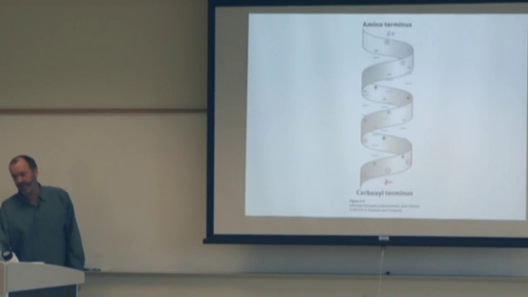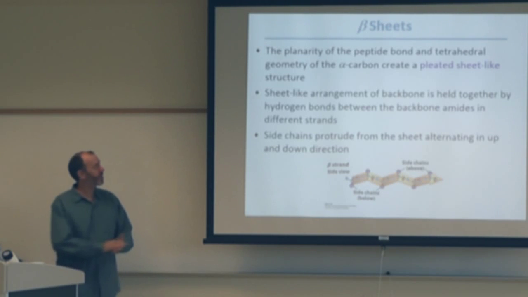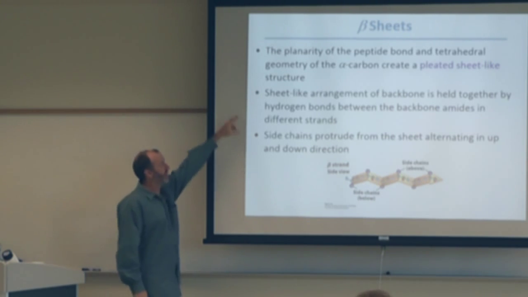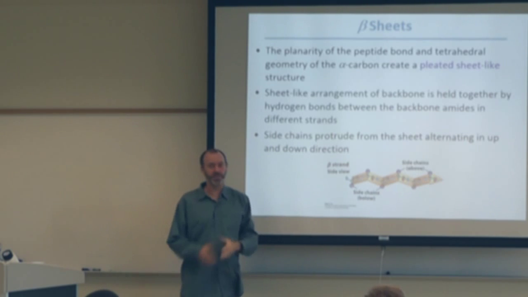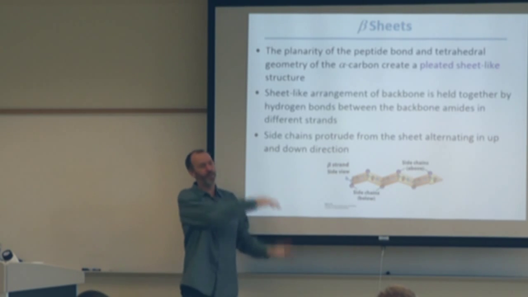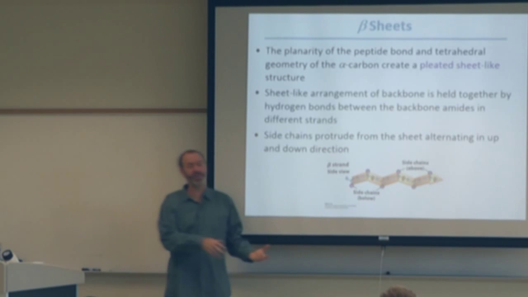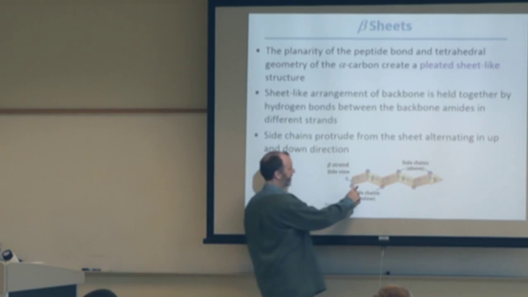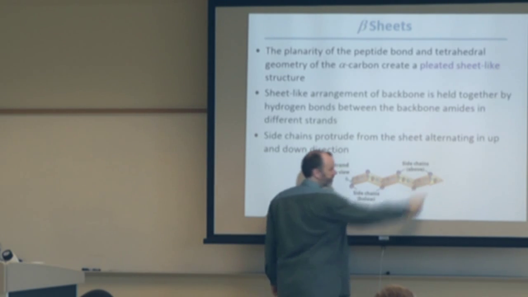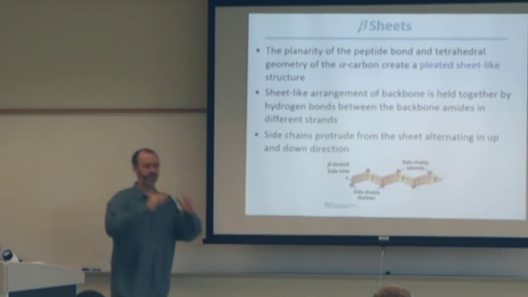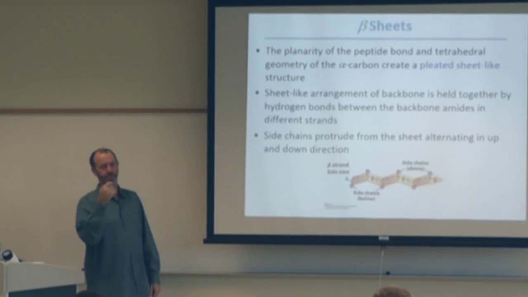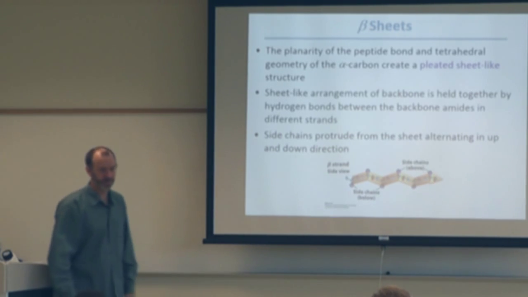Now we'll jump to beta sheets. So the planarity of the peptide bond and the tetrahedral geometry of the alpha carbon create pleated sheet-like structures. So this is what you'll see when you don't see alpha helices, you often see beta pleated sheets. It kind of looks like a folded-out paper, or a pleated sheet, or those old fans that we used to use to cool ourselves.